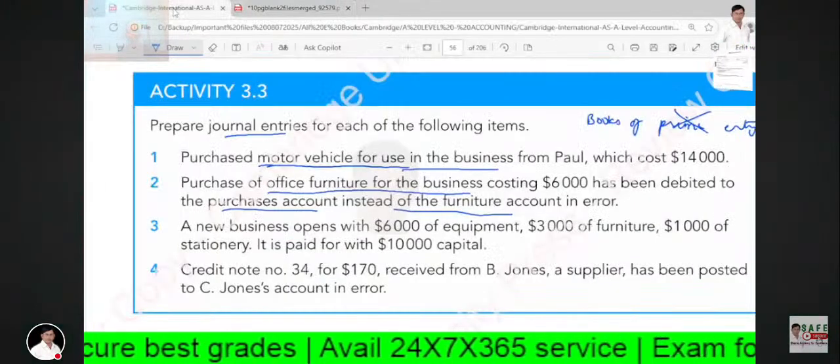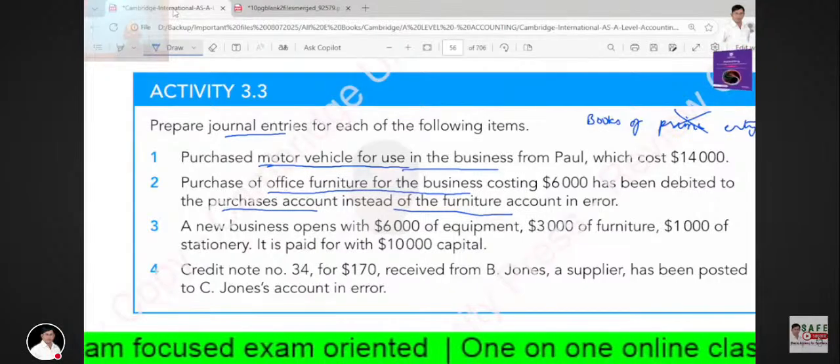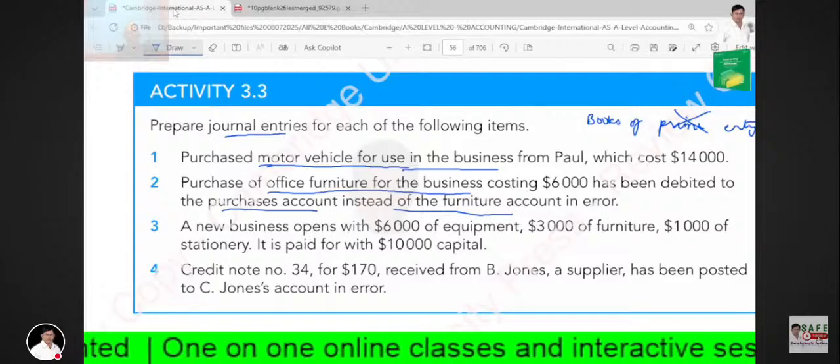A new business opens with 6,000 of equipment, 3,000 of furniture, 1,000 of stationery. It is paid for with 10,000 capital.